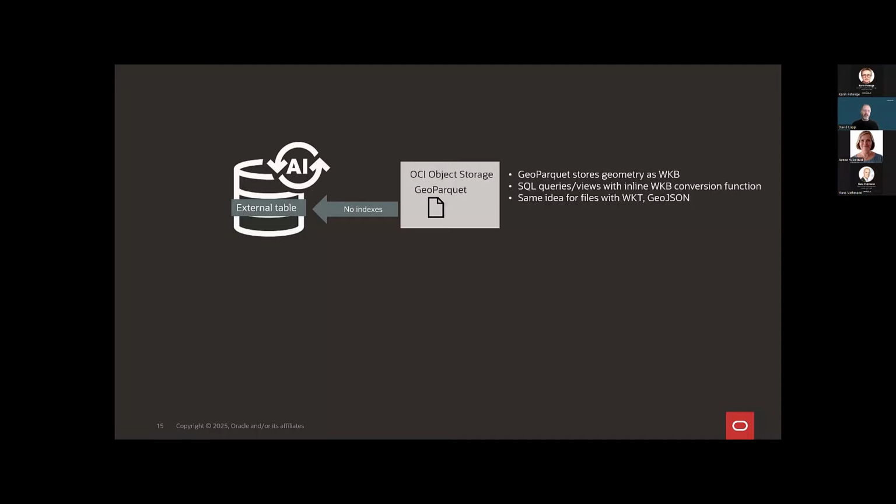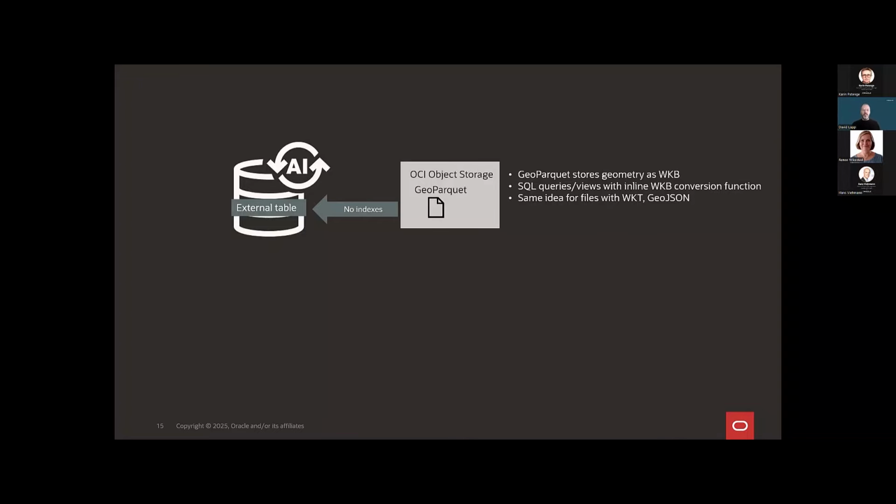And once you do that, you can treat it like a table. So what we're going to do with GeoParquet in particular is note the way that it stores geometry. And the way that it stores geometry is in a standard type embedded in that file that we have support for in terms of the ability to dynamically convert that format to our native format.